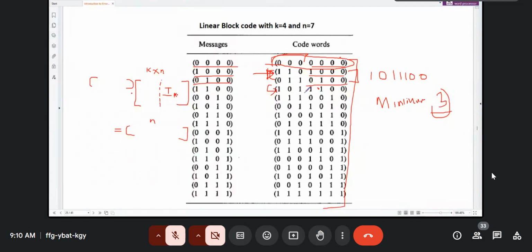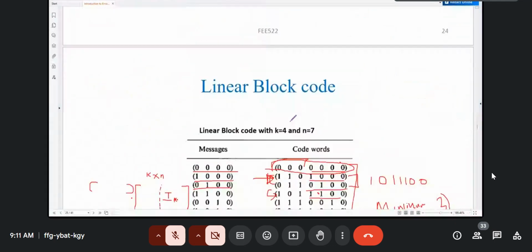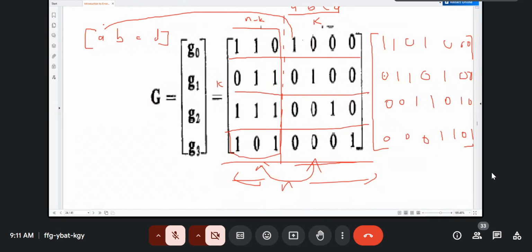Oh, I think it changes when you change this order. Oh no, because this code word is not generated with that. You see, the generator matrices are different. Sorry, it cannot be here, because our generator matrix is different.